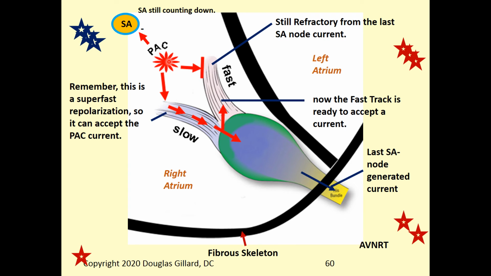So what happens is the PAC depolarizes here. It's like the SA node. It sends out a wave of depolarization everywhere, knocks out the SA node, so that can't send a current out again. It hits the fast track, but the fast track says, I can't accept you. I'm not repolarized yet. It hits the slow track.